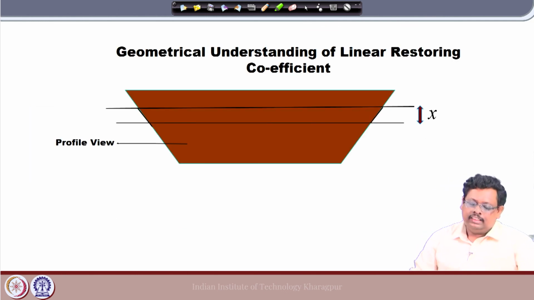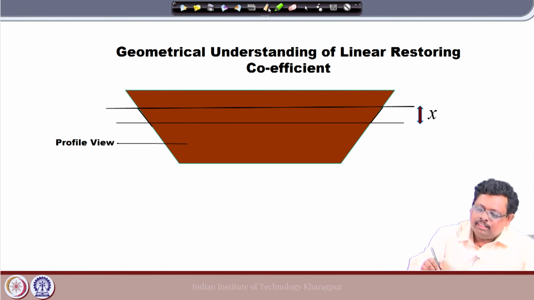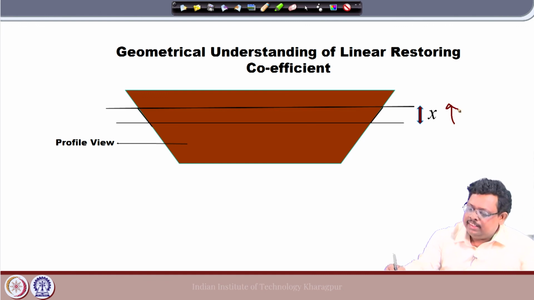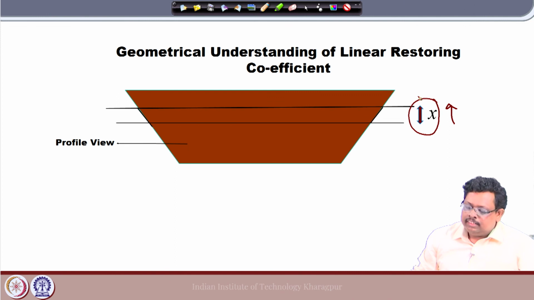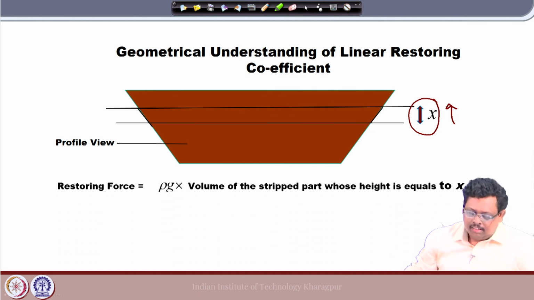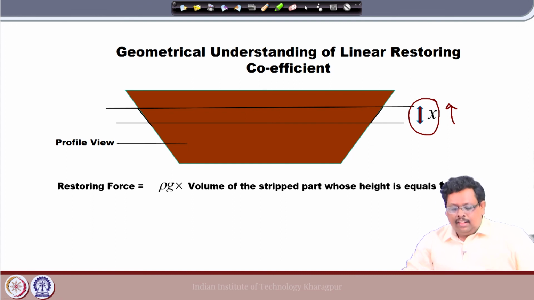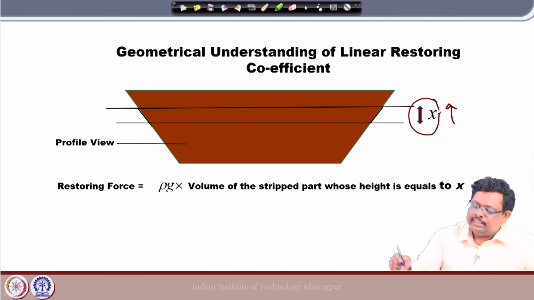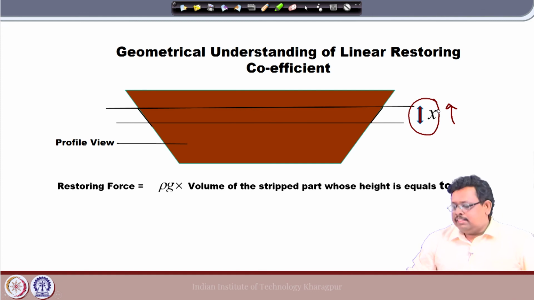If this is your profile view, and at some point in time the ship is moving up a little bit, from here to here, and this displacement is, let us say, x, then the restoring component is nothing but rho g into this displacement, and this is called the linear restoring component.